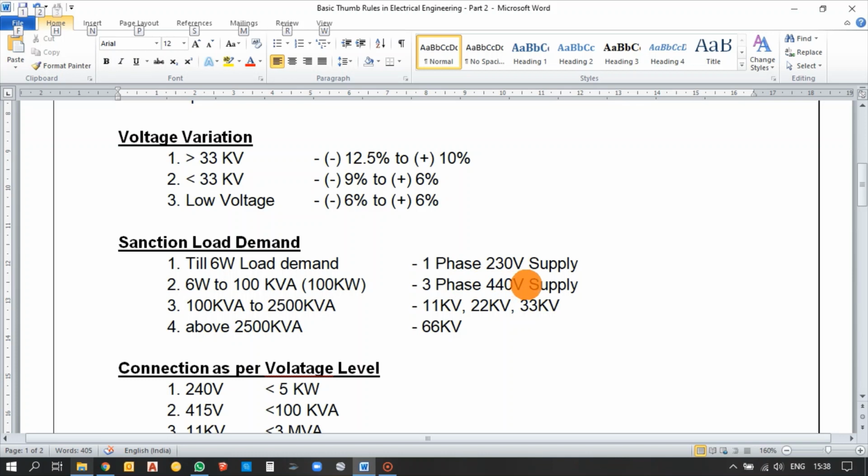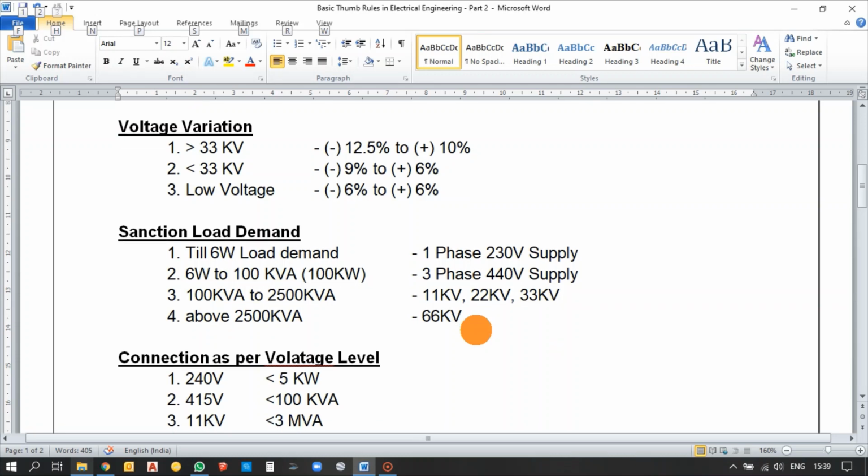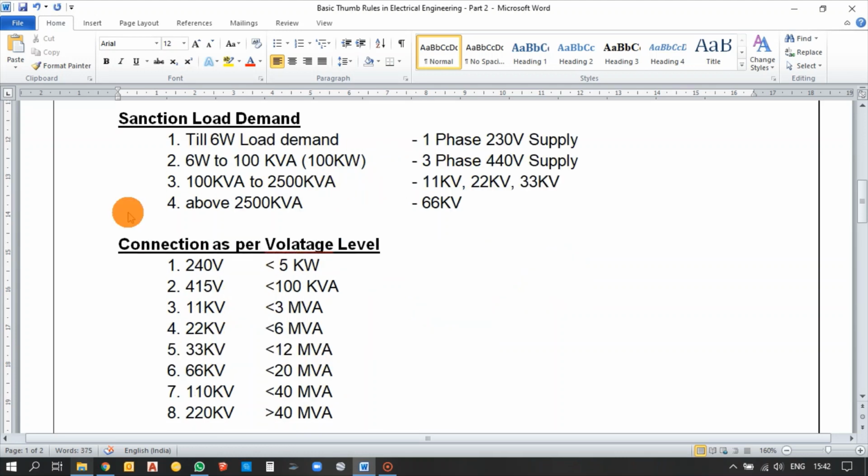In case you have a load of 100 kVA to 2500 kVA, you can use 11 kV, 22 kV, 33 kV. So that can be used till 33 kV. In case you have a load of above 2500 kVA, you can suggest a 66 kV system. So these are the sanction load demands you should maintain depending upon your load factor.